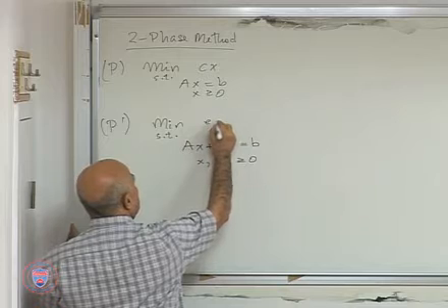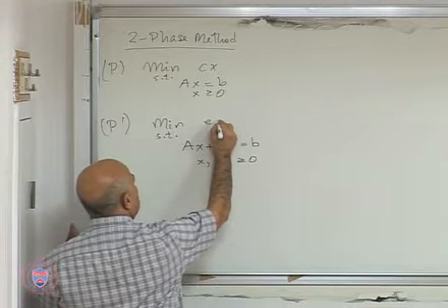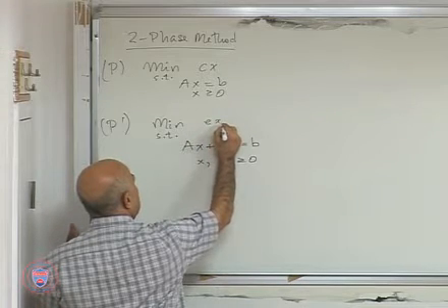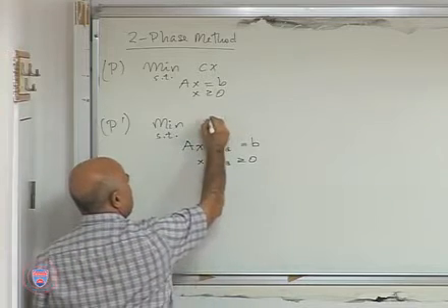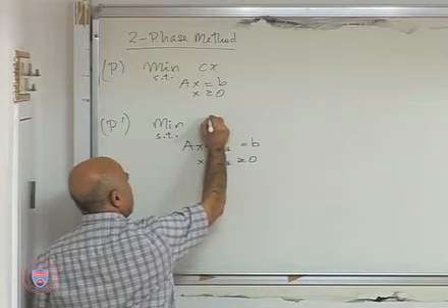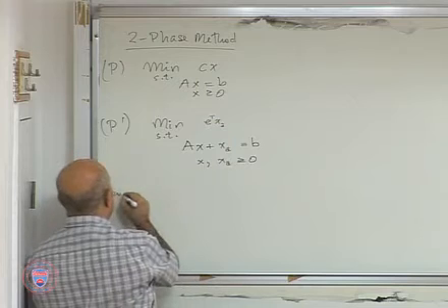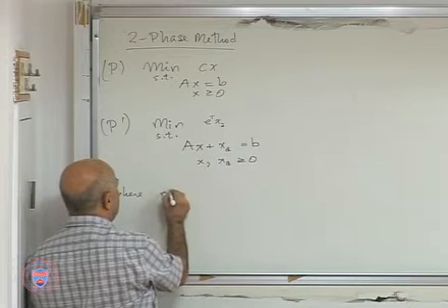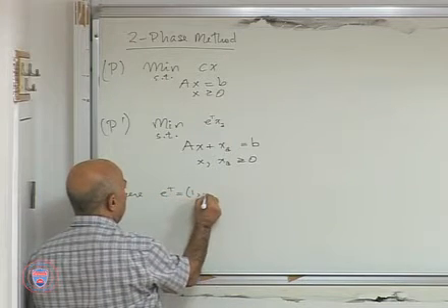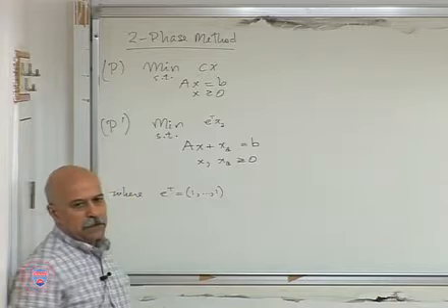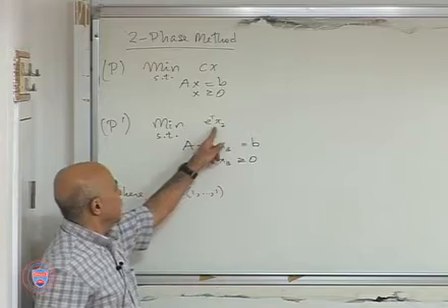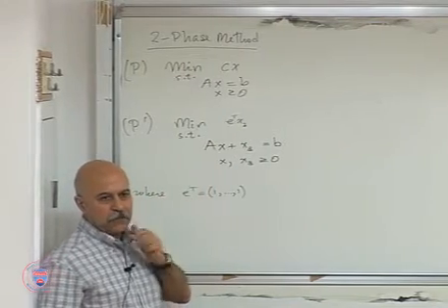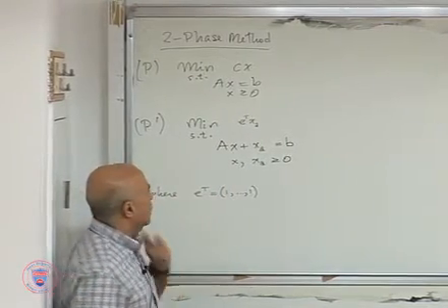In other words, E transpose xa, where E transpose is a row vector of 1s of appropriate size, so that this is simply adding up all of the artificial variables and you're trying to minimize this.